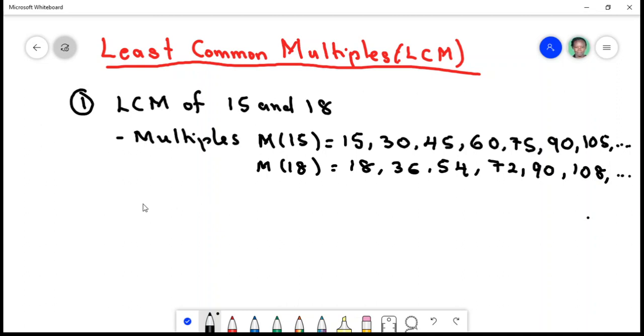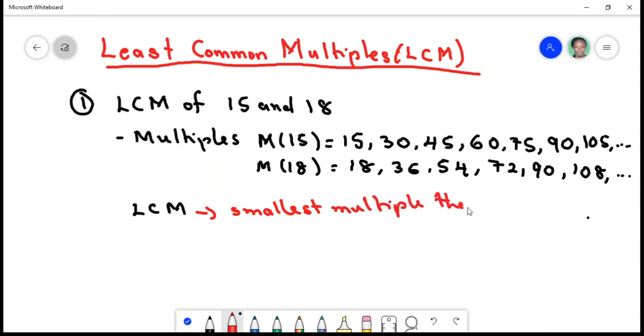So we are saying that the least common multiple is the smallest multiple they have in common. So let's look at the multiples here.